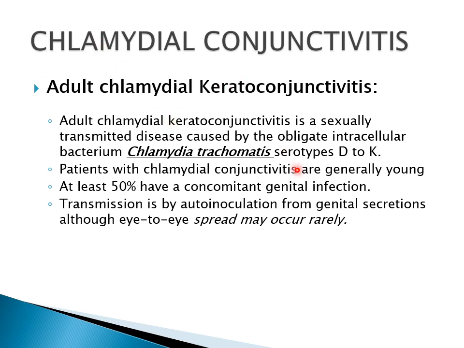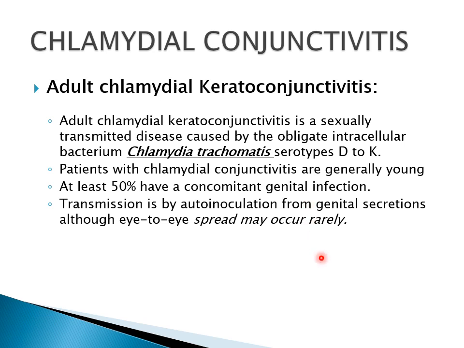Now we move to chlamydial conjunctivitis. Chlamydial conjunctivitis comes in two main forms. First, the adult chlamydial keratoconjunctivitis, which is considered a sexually transmitted disease caused by Chlamydia trachomatis serotypes D to K. Patients with chlamydial conjunctivitis are usually young, and at least 50% of them have a concomitant genital infection.